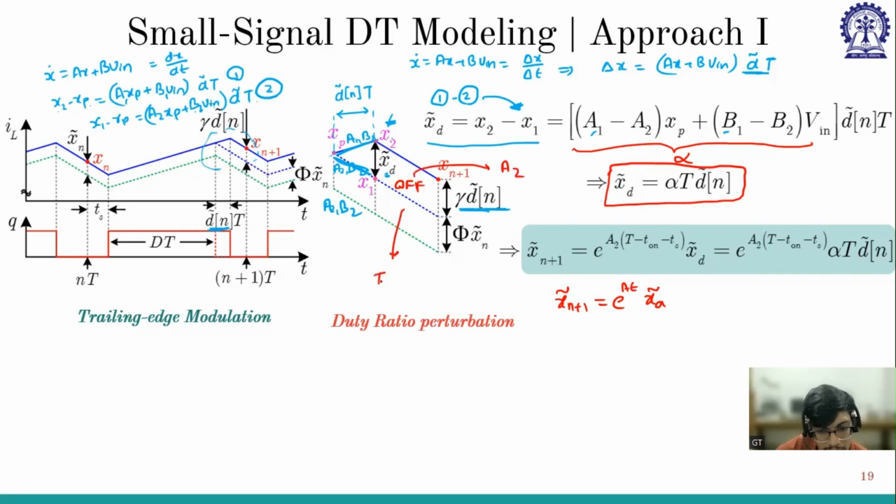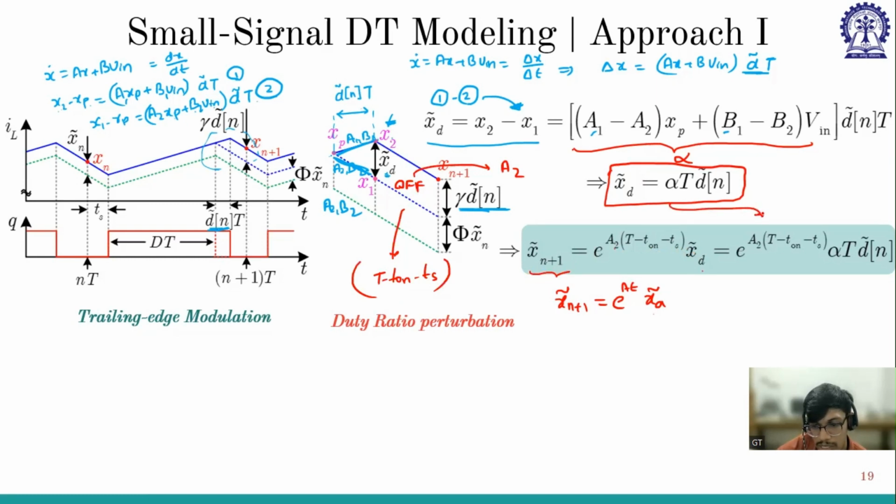Again, this time is t minus t on minus ts. There is a d perturb also, but d perturb is very small, so we are not considering it in this expression. So we got xn plus 1 perturb as e to the power a into t into xd perturb. So a2, because it is off time, into time t minus t on minus ts, into xd perturb.